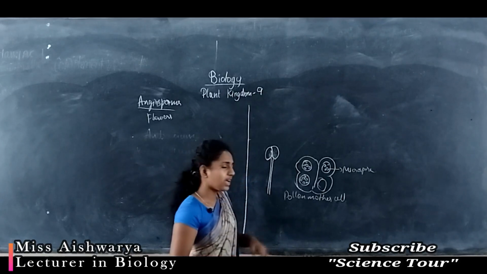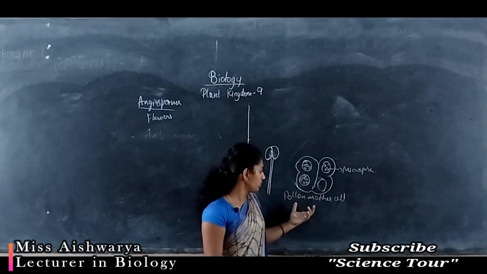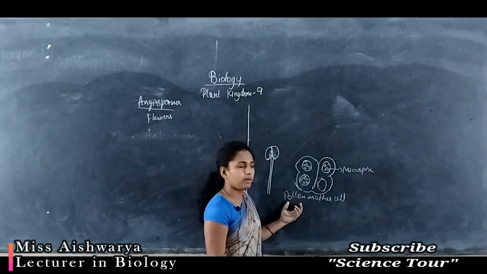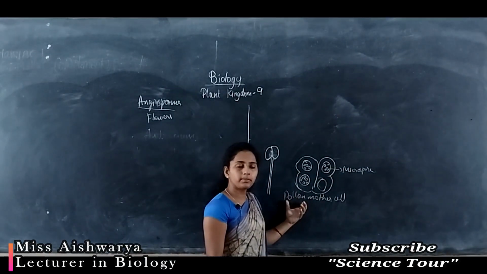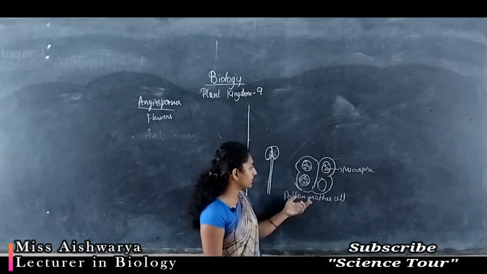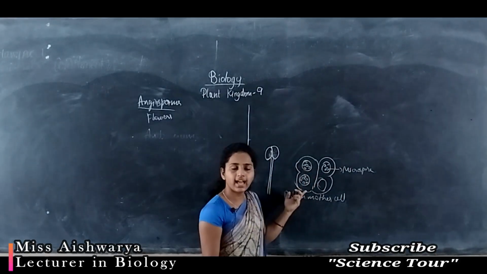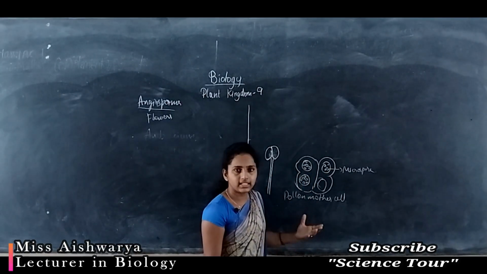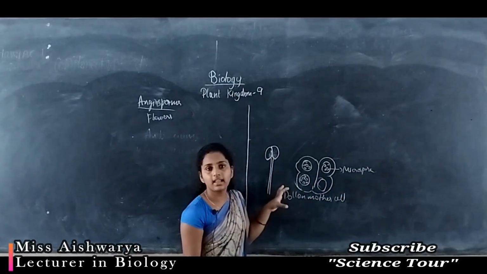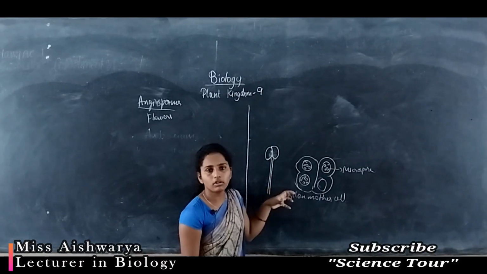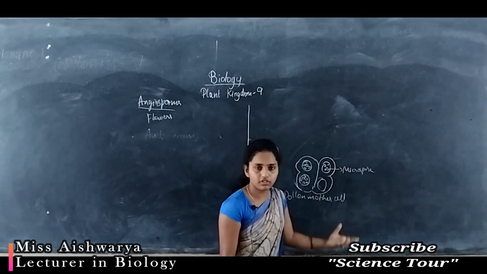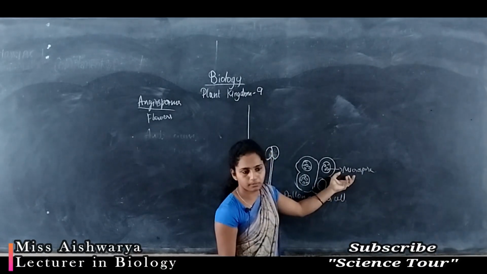Some of the anther cells differentiate into pollen mother cells, and the pollen mother cell undergoes meiotic division and forms microspores. The cell which undergoes meiotic division is called the pollen mother cell, and that meiotic division gives rise to the formation of microspores.